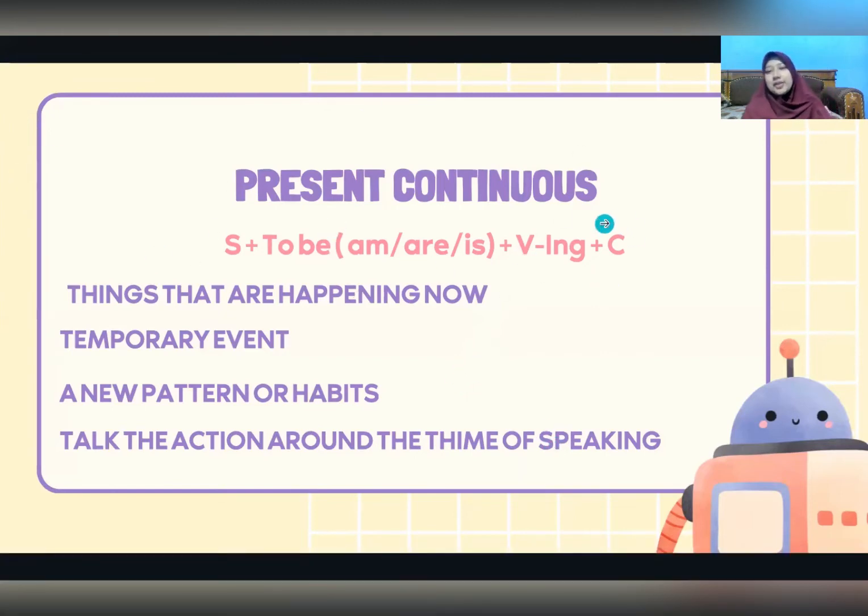Present continuous tense has a formula: subject with to be, where the to be used is am, are, and is, plus verb in -ing and complement.